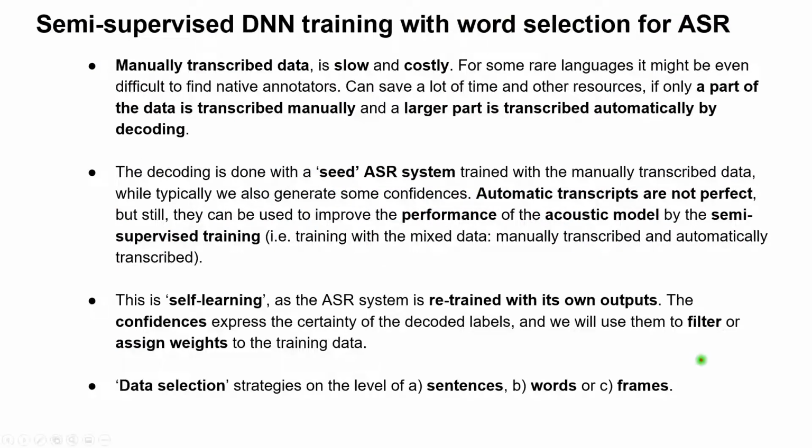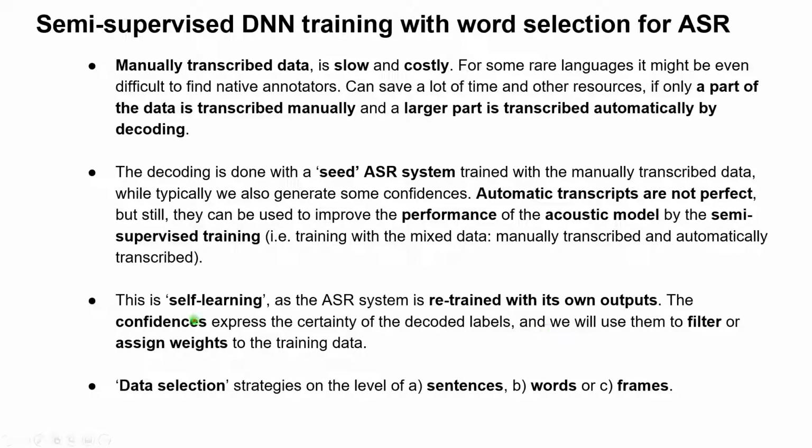In this paper they actually do a really good amount of work in terms of identifying how we can have a seed ASR system and then repeatedly try to augment the data.